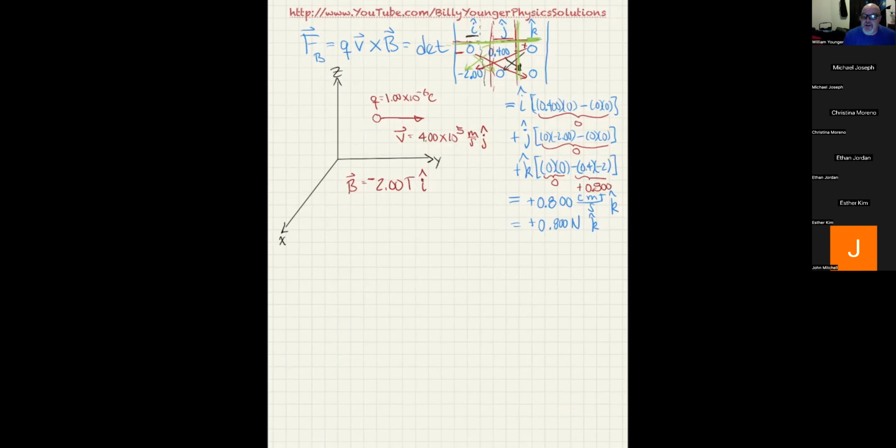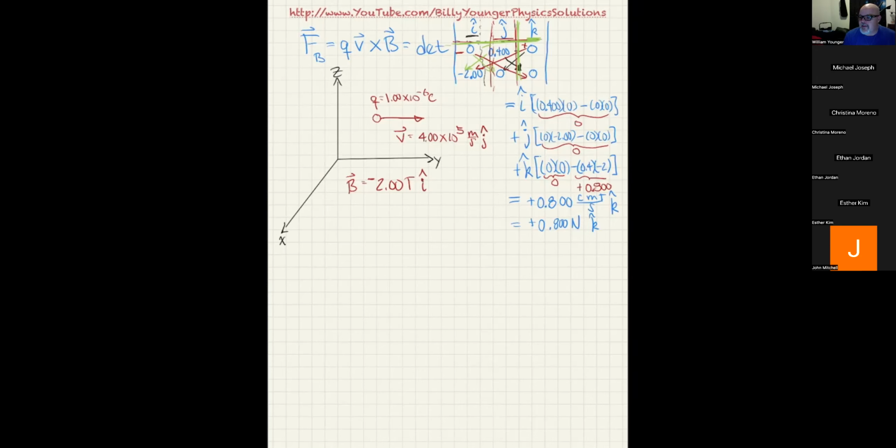Notice with these two vectors being perpendicular, really all you had to do was multiply 1 times 10 to the -6 times 4 times 10 to the 5th. That gives me 4 times 10 to the -1, and then times 2. That gives me 0.8. And then all I'd have to do is use my right-hand rule to tell me what direction it was.